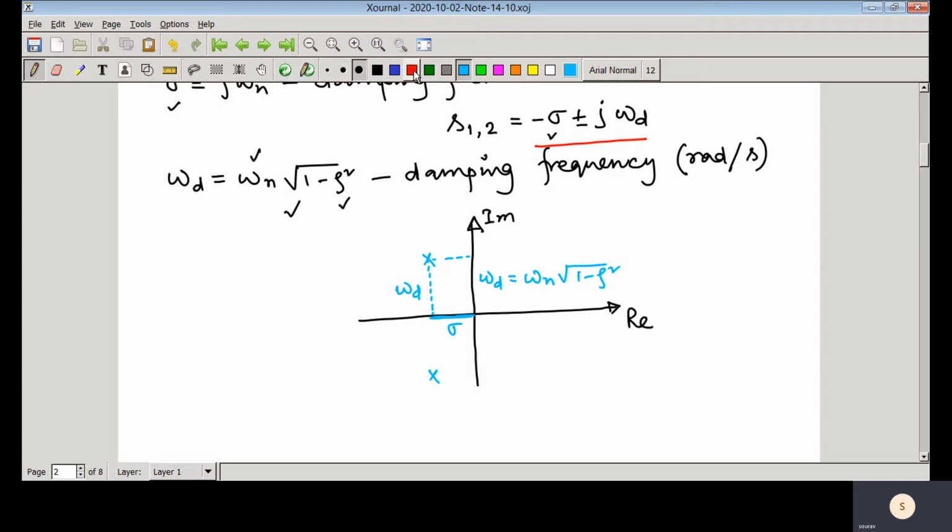Now if we connect this pole location with the origin, we will have one angle, that is theta.